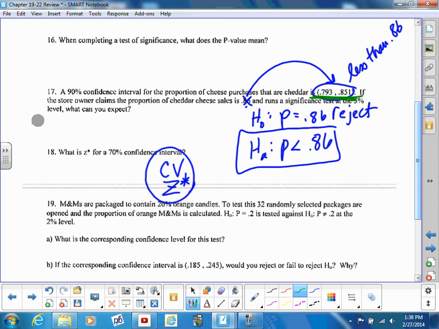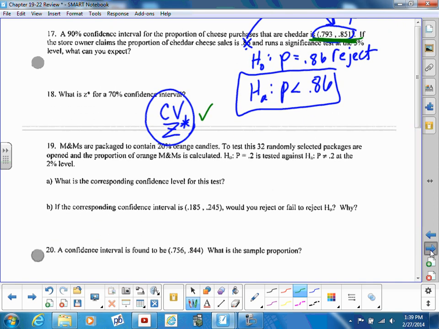See, this can give you an indication of what you expect to happen when you run a test. But the only way that you can reject or fail to reject is with a p-value, and running a test. Okay. This was just a notation thing that I wanted to tell you. Make sure you know that the critical value can be notated as z star. Okie dokie. All right, next.